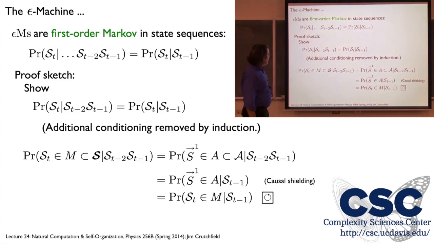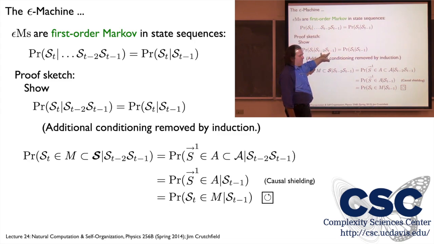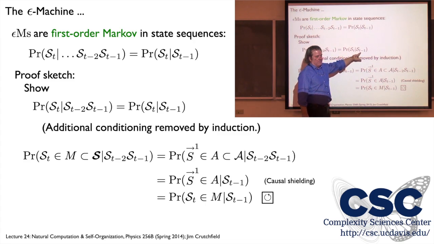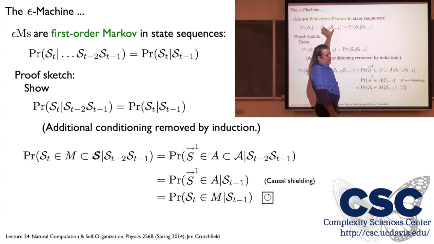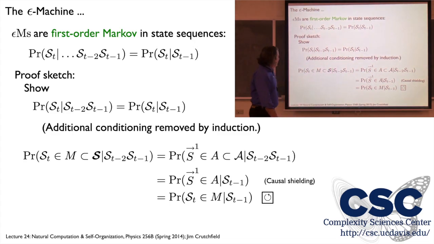Okay, so the sketch of the proof, we'll just do it assuming that the current variable depends on the previous two steps. And then we want to show that it really depends on only one previous step. Then you could, by induction, get up to longer histories, but that's fine.